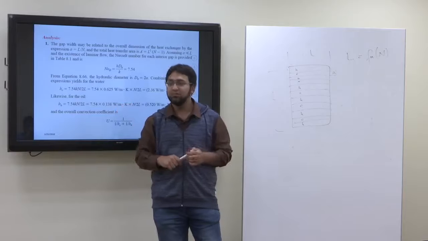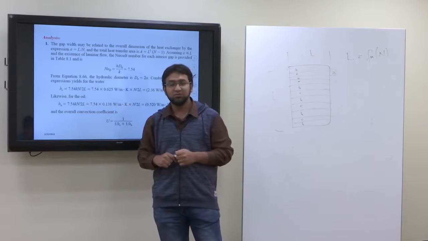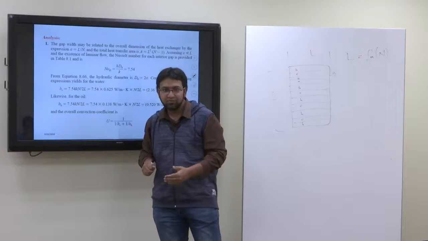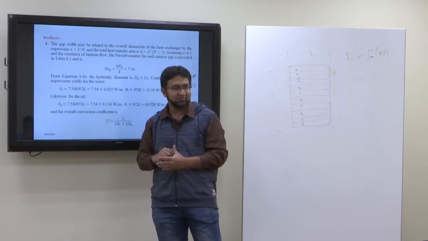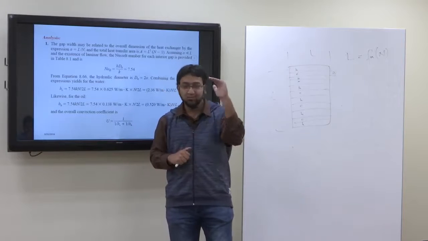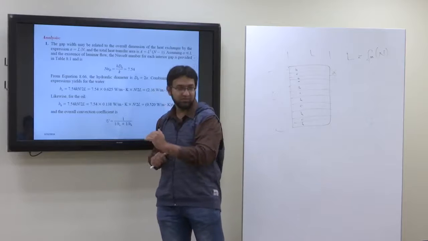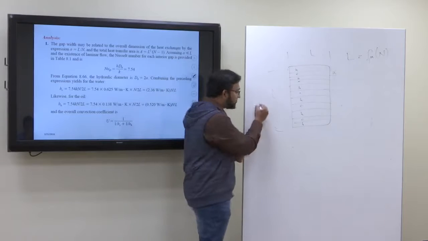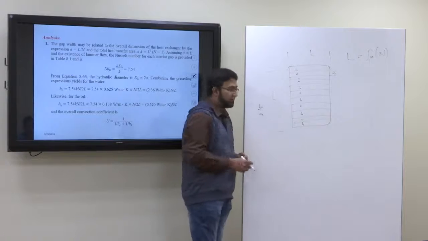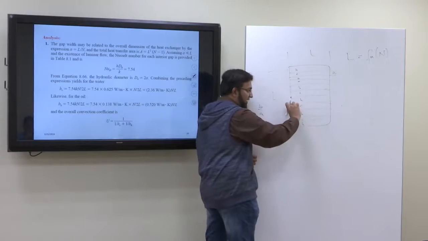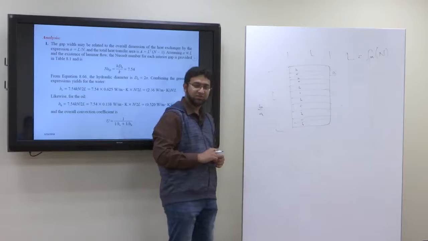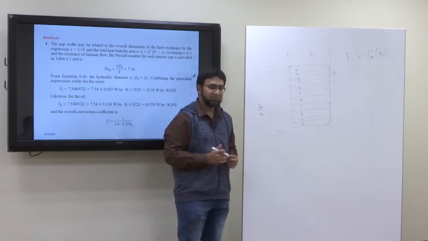Well, if the cross section is rectangular, in chapter number 8 we had a table for different types of cross sections. And for rectangular we had many options. The options were all based upon B upon A. B be the length, A be the thickness or the width, you can say.